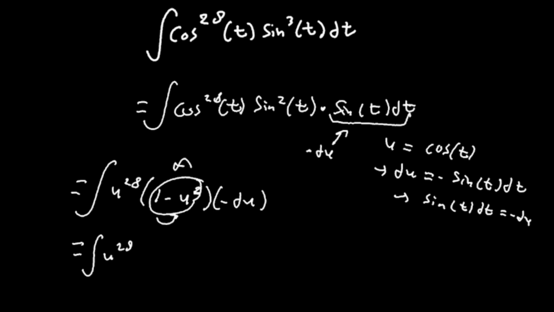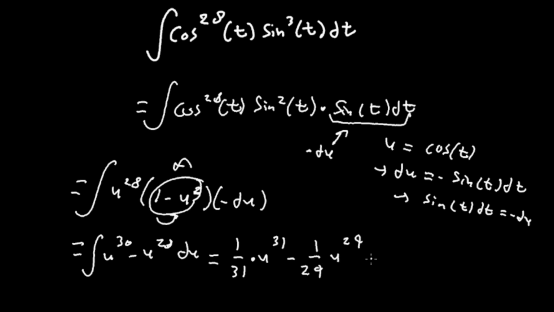If we distribute that out, that's u to the 30 minus u to the 28 du. So if we use our power rule, we add 1 to the power and divide by u to the power plus 1. We do the same thing for the other one. So 1 over 29 u to the 29. And then we add our plus c, because we have an indefinite integral.